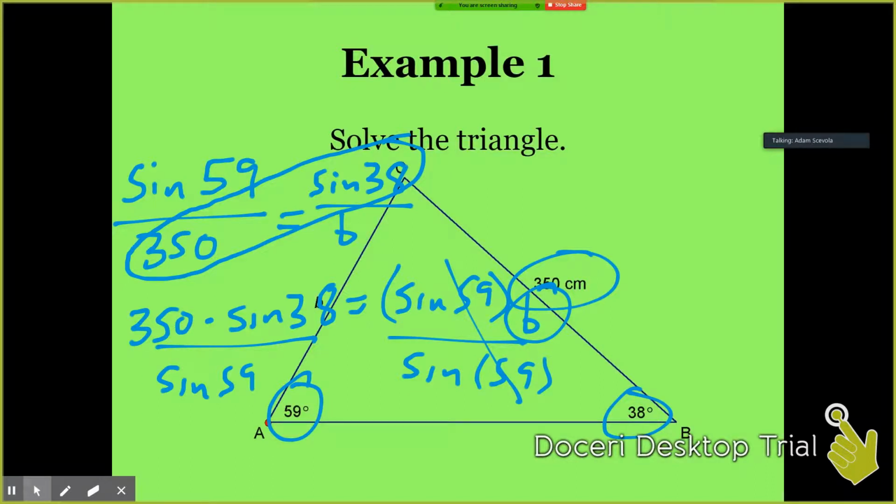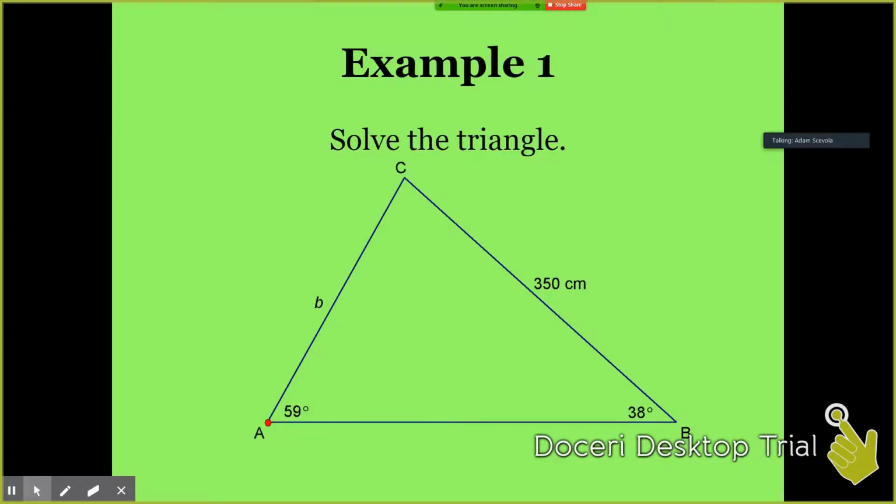Now the first thing I should have done before even doing any of that was find angle C right away. If you're ever given two angles and you have to solve the triangle, which means find all the angles and sides, you could find the third angle by doing 180 minus 59 minus 38. And we get that angle right there is 83. All right.